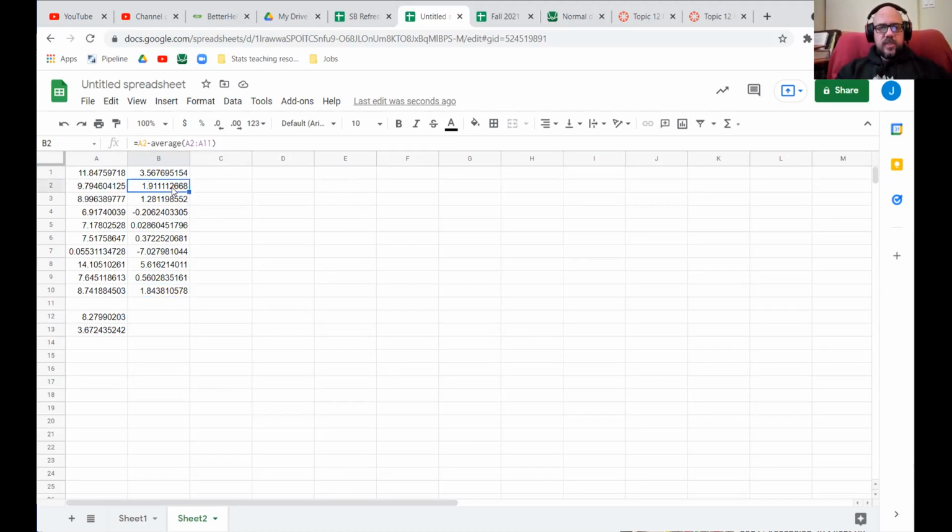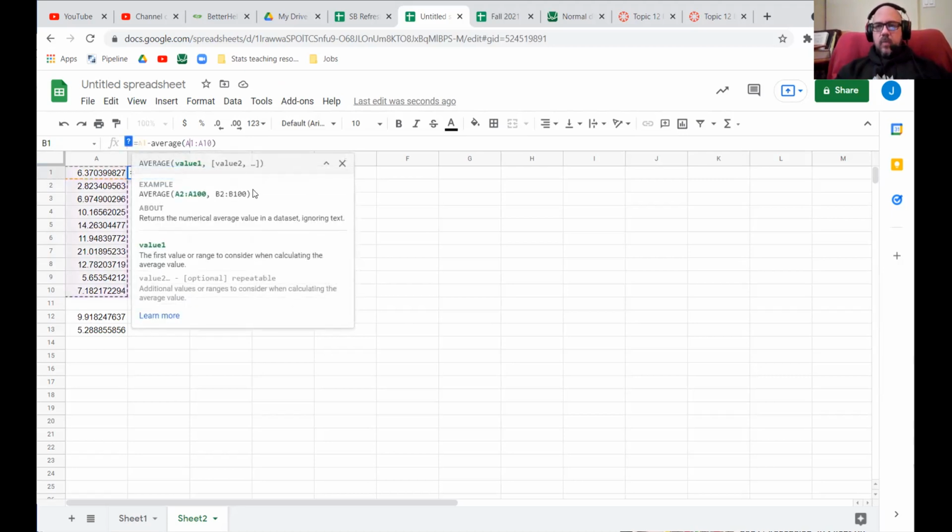It's not a trick, it's just notation that you can use in spreadsheets. I don't want that number to change. I want it to be A1 through A10 the whole time. And if I put a $ sign in front of it, it won't. That says fix the thing that comes after this.